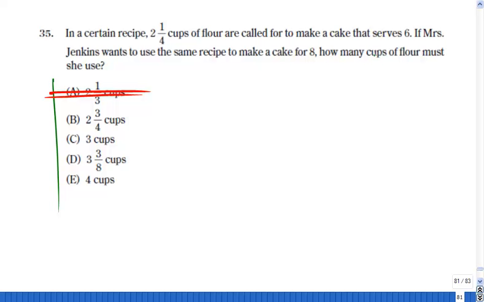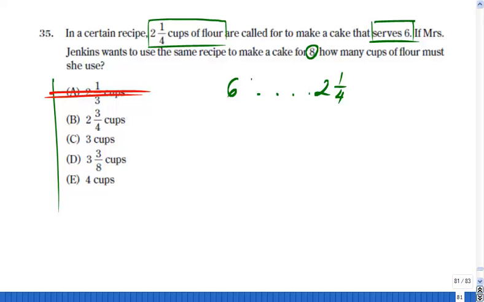Well, what is the problem saying? I need 2¼ cups of flour to serve 6. So for 6 people, I need 2¼ cups. How many cups do I need for 8?